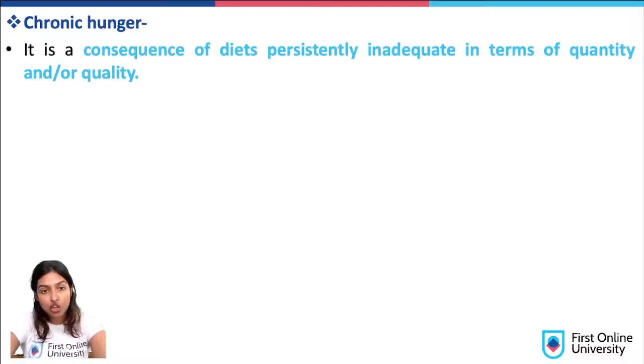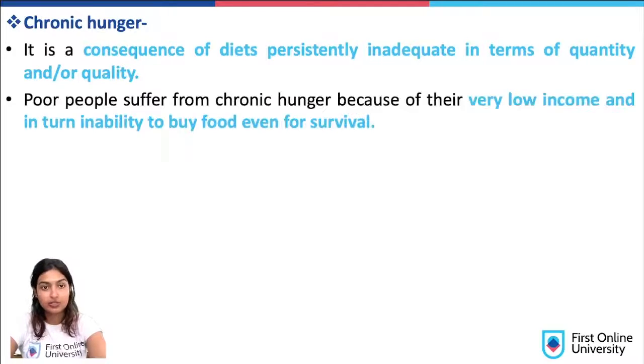It is a consequence of diets, that is the kind of food that you consume, being persistently inadequate in terms of quantity and quality. That is, there is less food, and the quality is very bad, and it leads to hunger. Poor people suffer from this kind of chronic hunger naturally, because they do not have any income to buy food, and hence they starve to death ultimately.